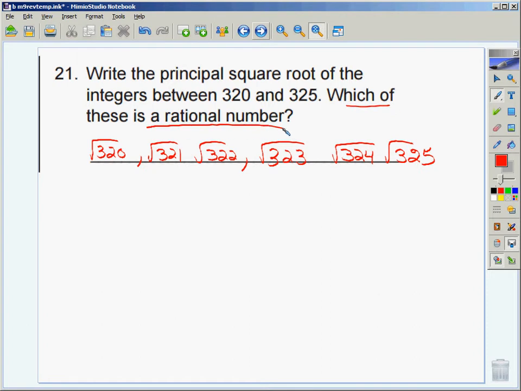In other words, which one can I find the square root of? And again, if you have your chart memorized, 18 squared is equal to 324. So the square root of 324 is equal to 18. So this is the one that's actually an integer. All the rest of them are irrational numbers.